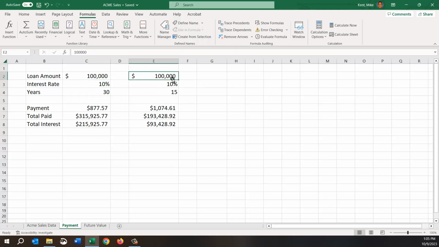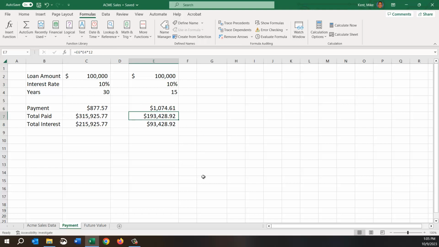If I buy that $100,000 house over 15 years instead of 30 years, my payment goes up about $200 a month. So it goes up about 25%. But going from $900 to $1,075 is not a big jump, because your insurance is still going to be the same and your property tax is still going to be the same.